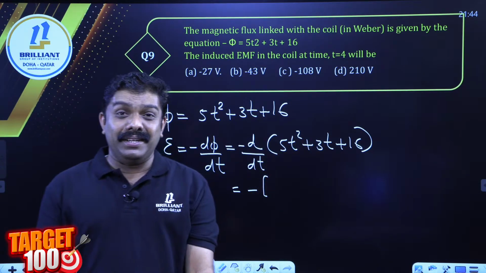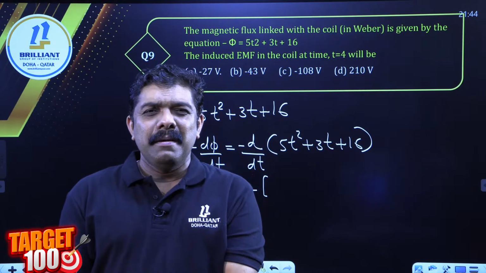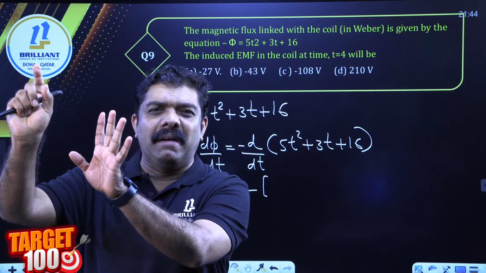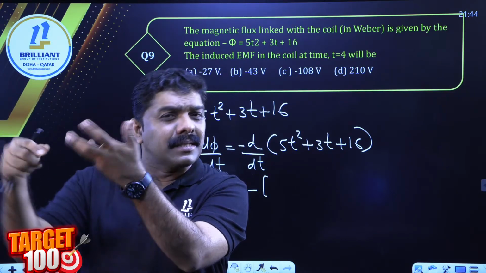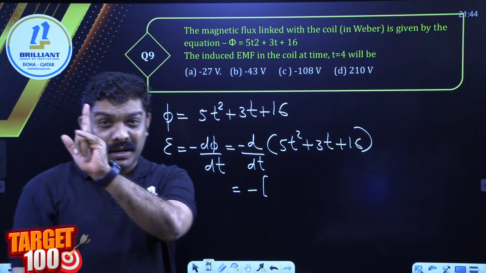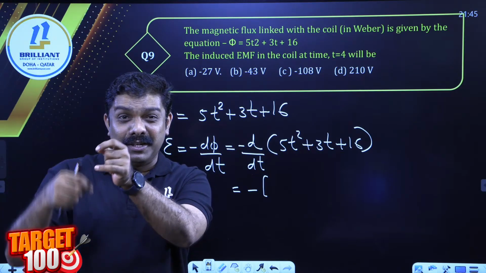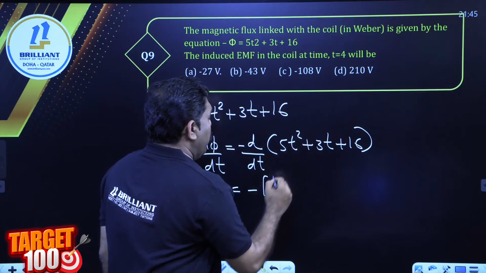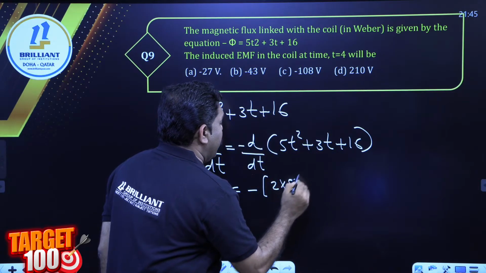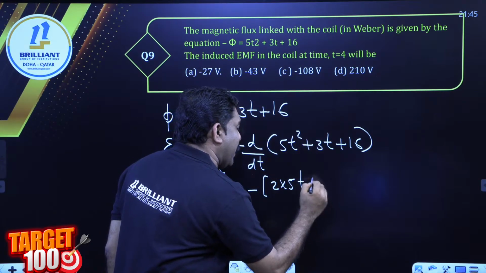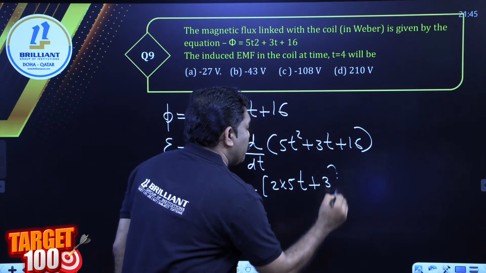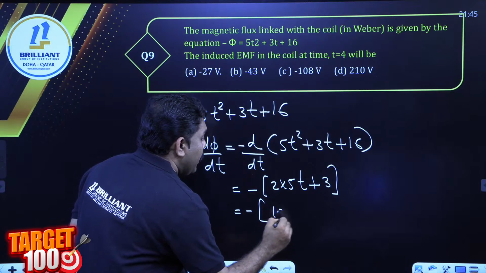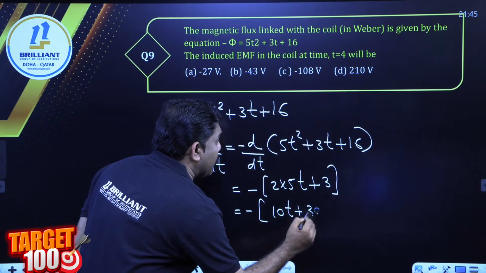We know the differentiation rule: multiply the power into the coefficient, and reduce the power by 1. If there is a constant, its differentiation is 0. Repeating once more, power into coefficient, reduce the power by 1. So 2 into 5, then t raised to 2 minus 1, which is t only, and the 3 remains. So that is minus of 10t plus 3.